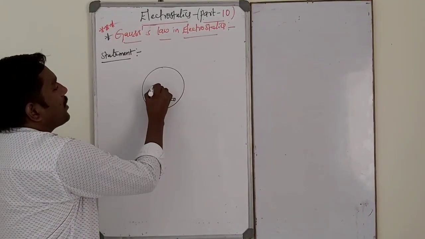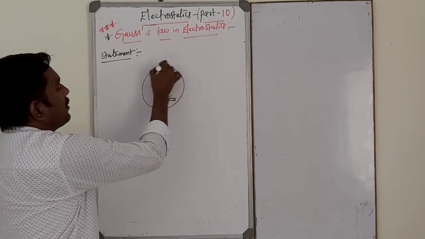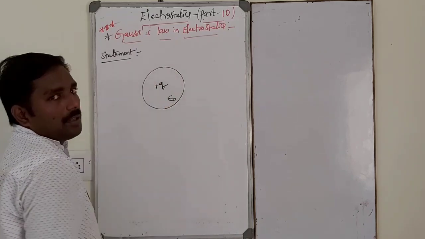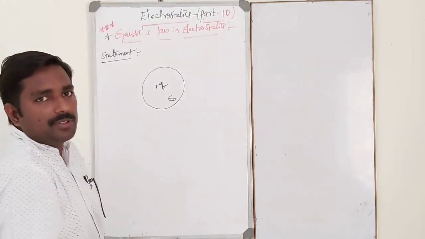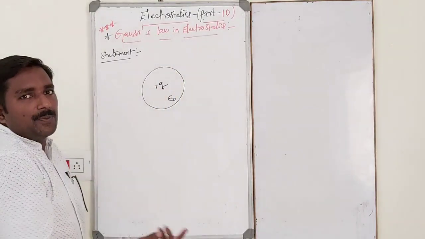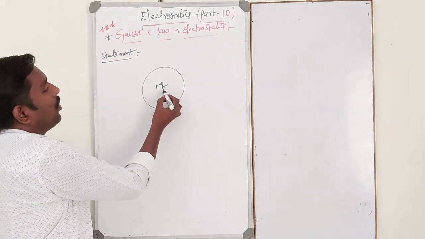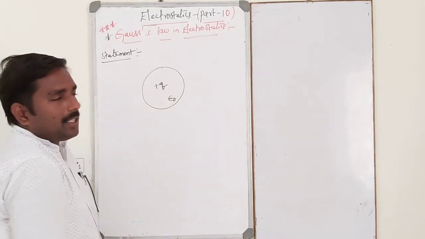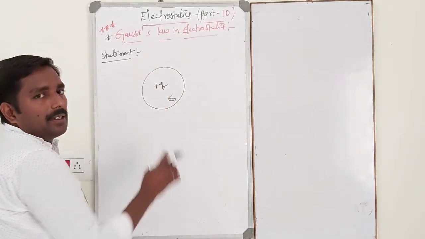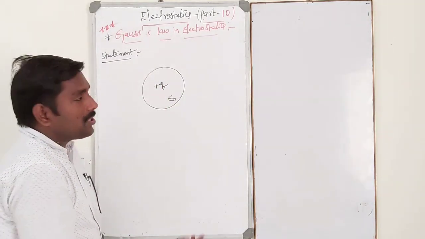Suppose I take one positive charge inside the system, inside the ring. Suppose it is a ring or a spherical surface, whatever it is. So one positive charge is there inside. Which is the medium?